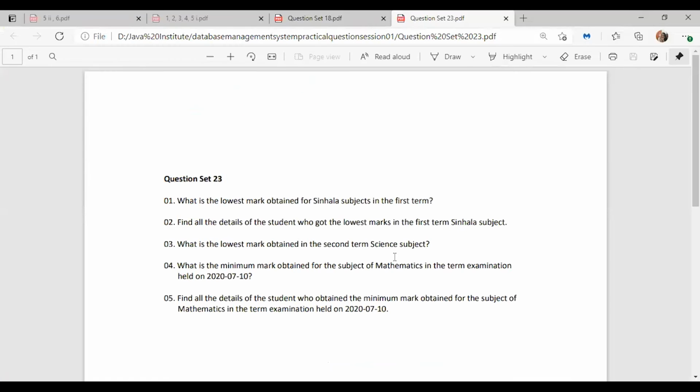Moving on to the fifth question, we have: find all the details of the student who obtained the minimum mark for the subject of mathematics in the term examination held on 2020 July 10th.